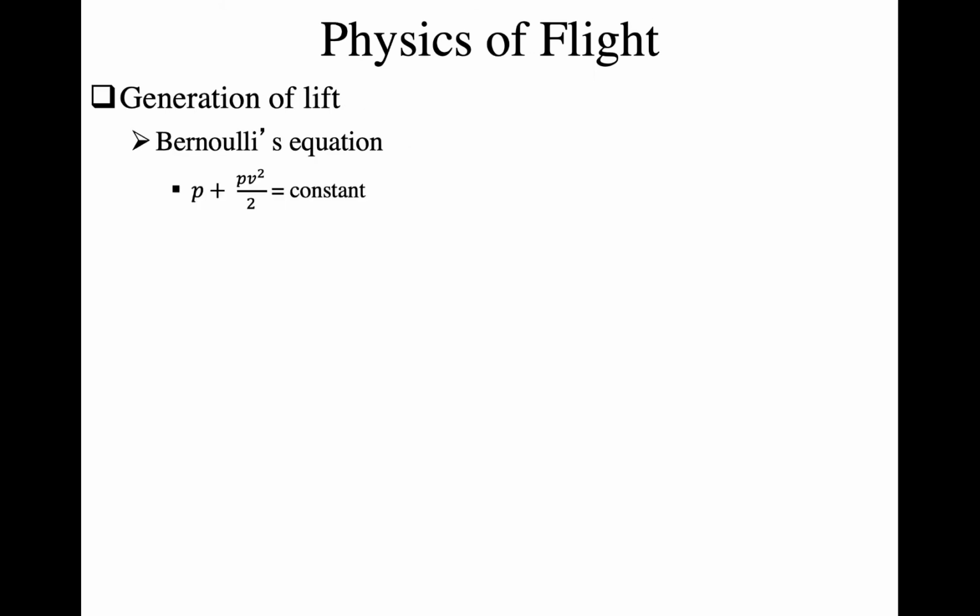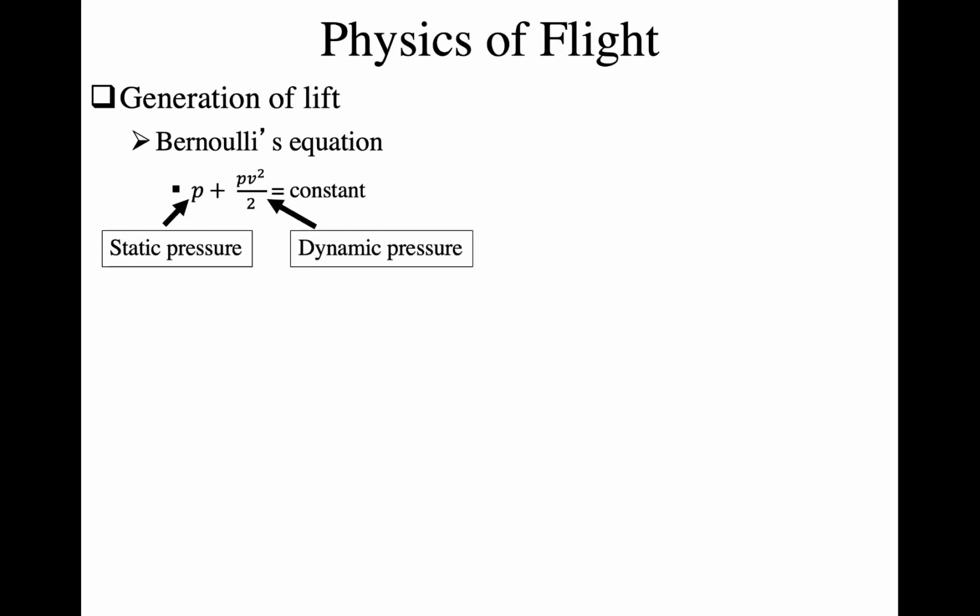But we can also understand what's going on with Bernoulli's equation. All right, so this isn't really too complex. There are just two components associated with Bernoulli's predictions. And that is, we have static pressure represented by P, and dynamic pressure, which is represented by ρV²/2.